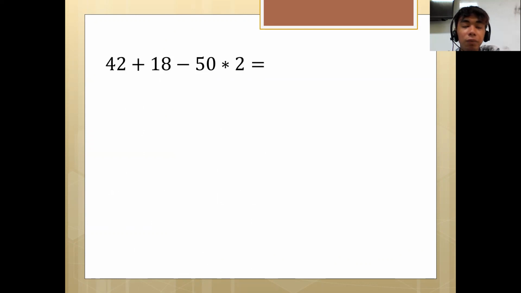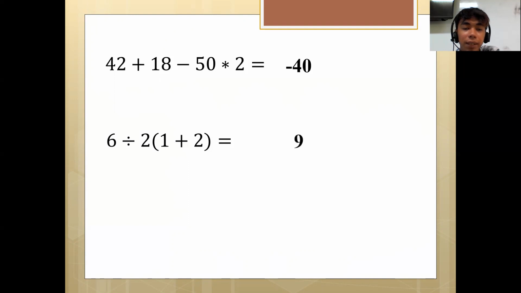We have the first question: 42 plus 18 minus 50 times 2. We have negative 40. Correct? And then next one is 6 divided by 2 times the quantity of 1 plus 2 is equal to, pause the video if you want.